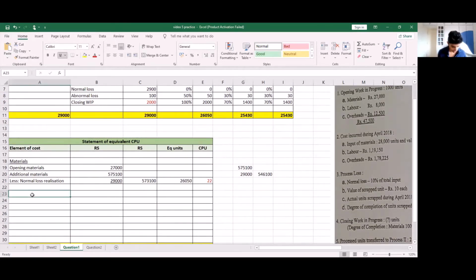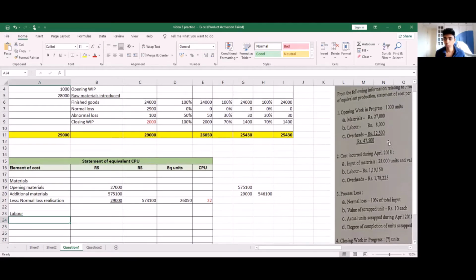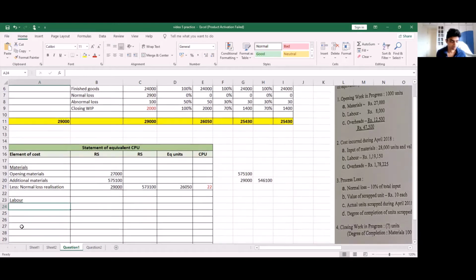Next, we have labor. So again, in labor, we not only take the labor cost of 1,19,150, but we also take our opening labor, which is the labor cost in our opening work in progress.